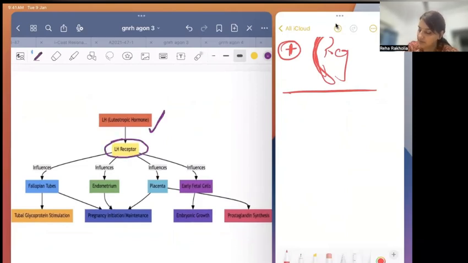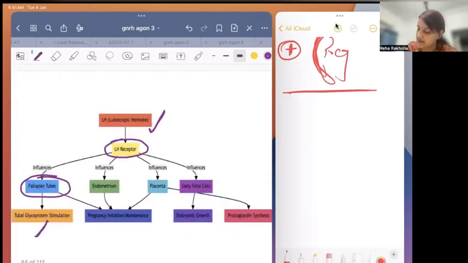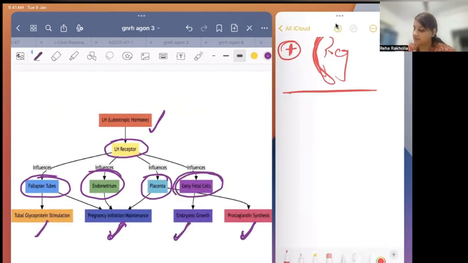LH receptors are also present in the fallopian tube, which affects tubal glycoprotein secretion. In the endometrium also, it has its influence, which initiates and maintains the pregnancy. Even in the placenta it is there, and it also increases prostaglandin secretion. In early fetal cells also it is present, so it also helps in embryonic growth.